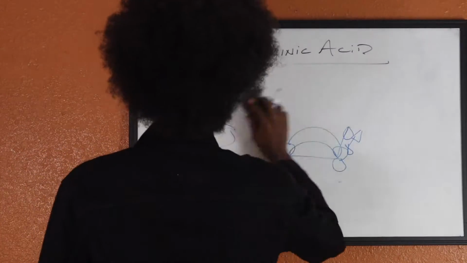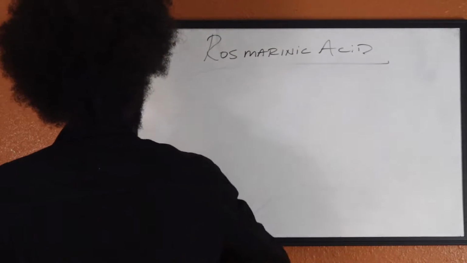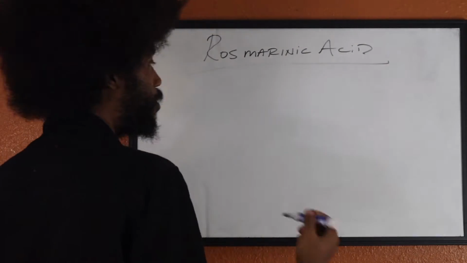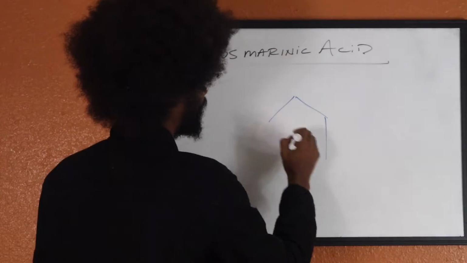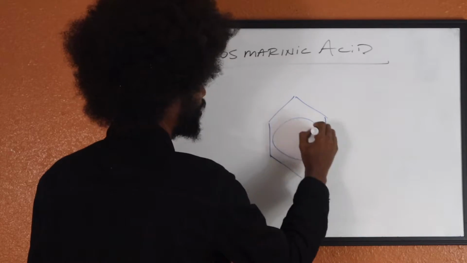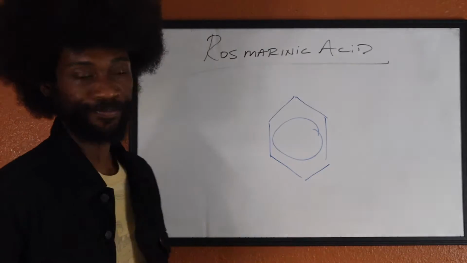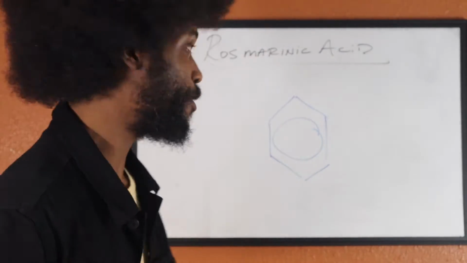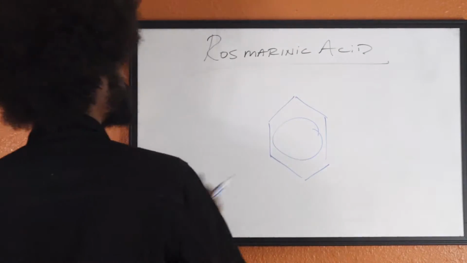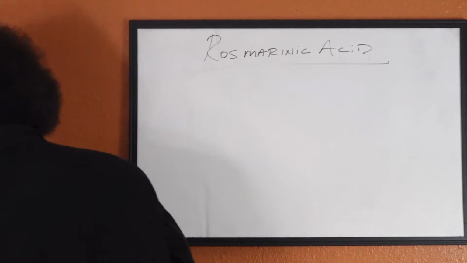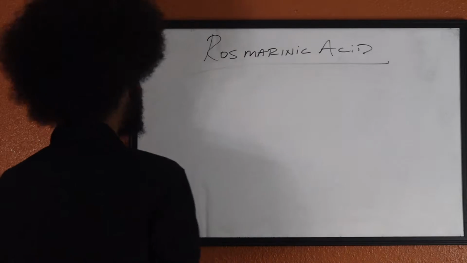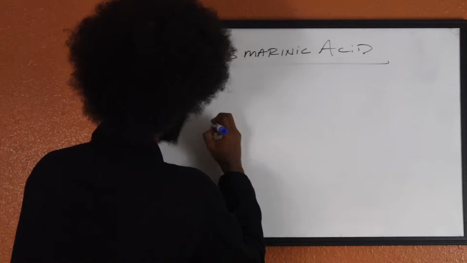So we got into that. Now remember, the whole concept of inducing that electrical component is what makes it called an aromatic ring. So when you think about rosemary and sage, it's aromatic, all right? So let's get into the actual structure of rosmarinic acid. Let's see what we got here.